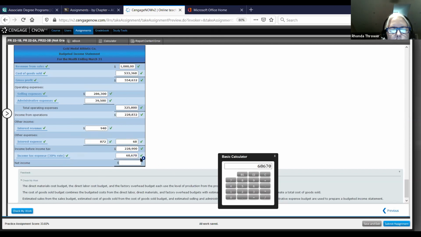And then I'm going to subtract my income tax expense from my income before tax to get my net income. And I'm going to do a final check to make sure my net income is correct.